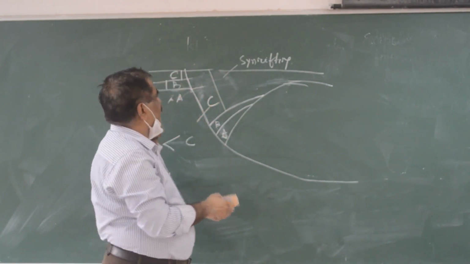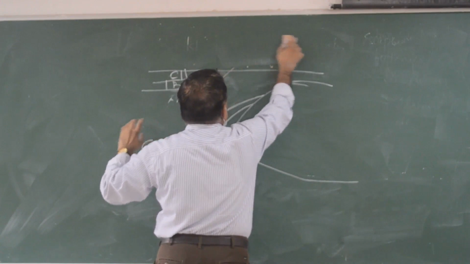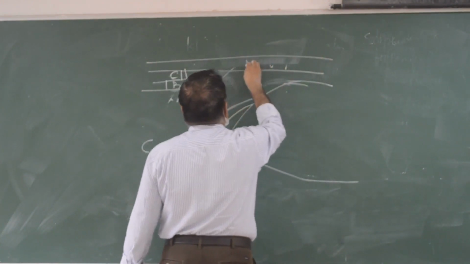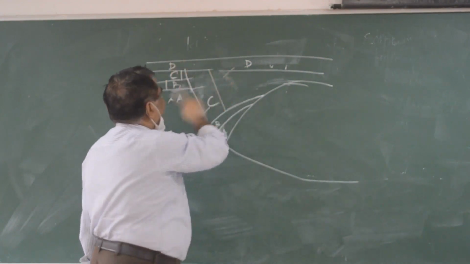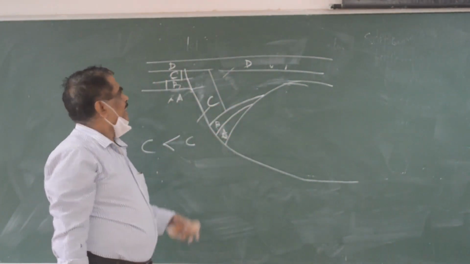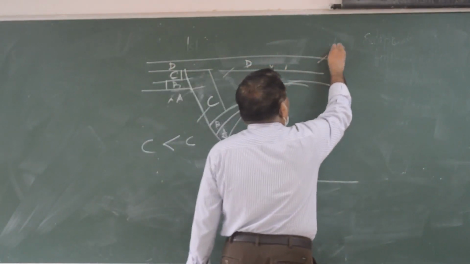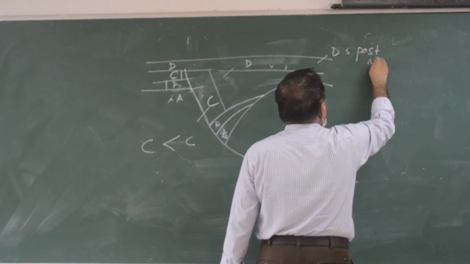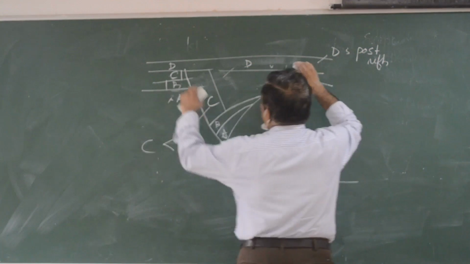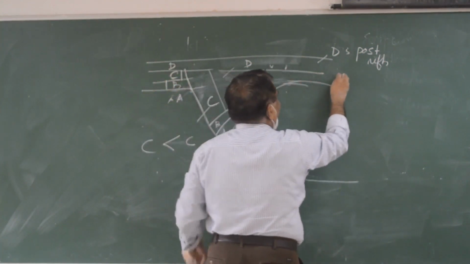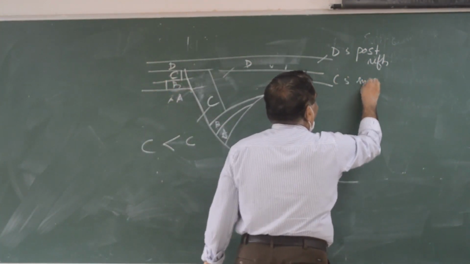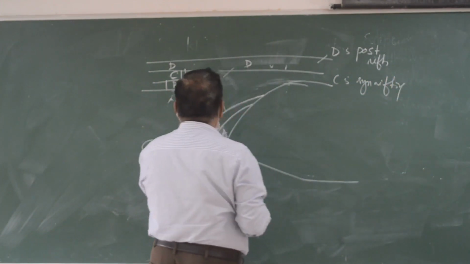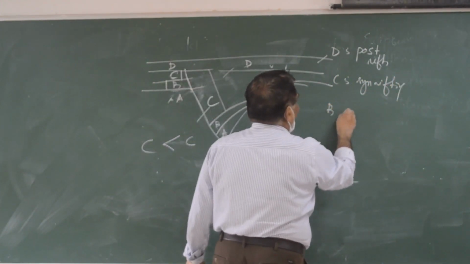Now suppose faulting discontinued, then D bed will be deposited. So D bed will again be of the same thickness, similar thickness. So D is post-drifting, having the same thickness. C is syn-drifting, and how about B? B is pre-drifting.